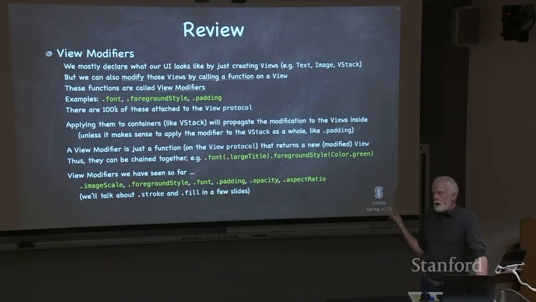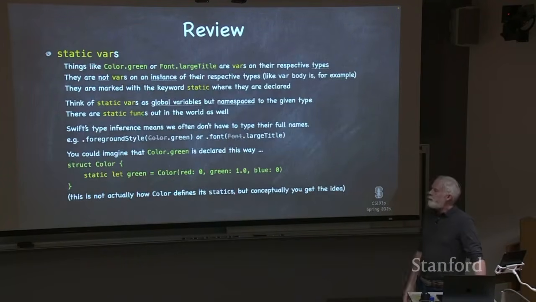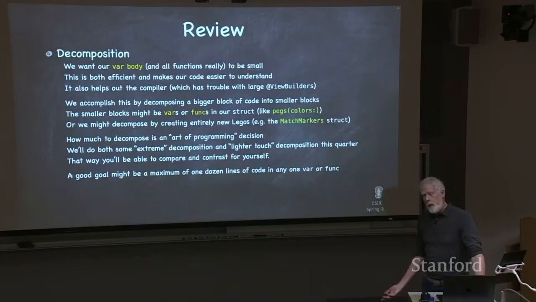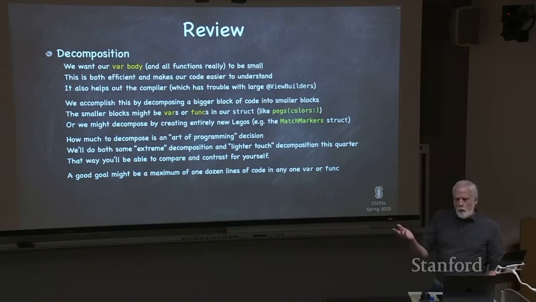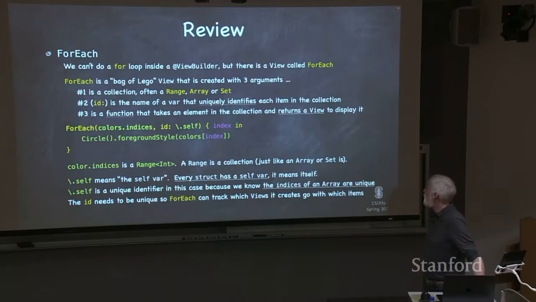And view modifiers, of course, we talked a ton about that. Static vars like Color.green, those are global variables that are namespaced to a certain type. We talked about decomposition, making our own var pegs or our func pegs, or making more helicopter views as ways to decompose our big complicated var bodies into smaller things.